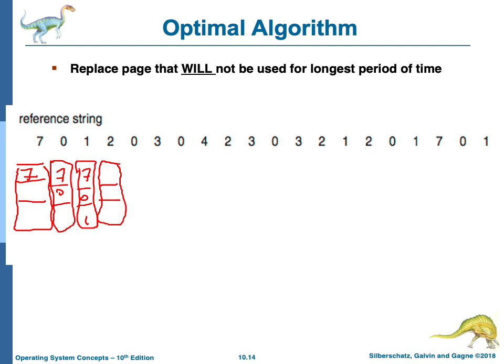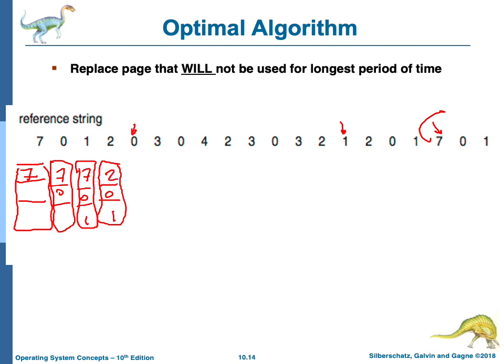So we will look ahead in the future in the reference string and compare when each one of these pages will be used. We have 0 here, right? And then 1, the first reference to page 1 is here, and the first reference to page 7 is here. So the furthest away in the future is 7. So we will choose 7 as the victim. So 2, 0, 1. Right?